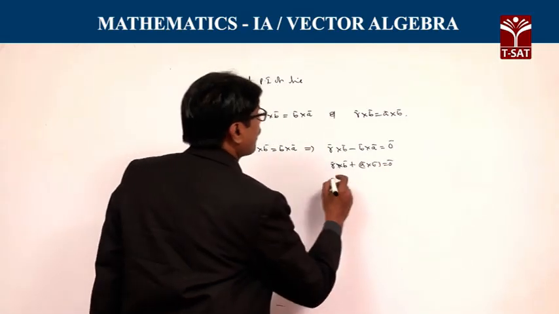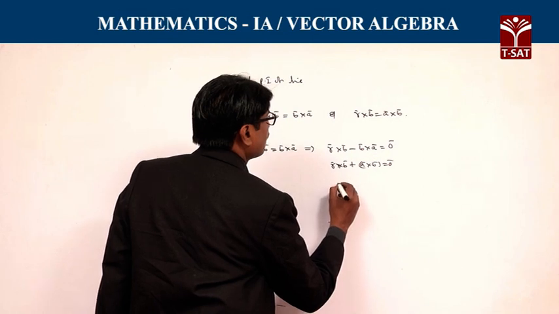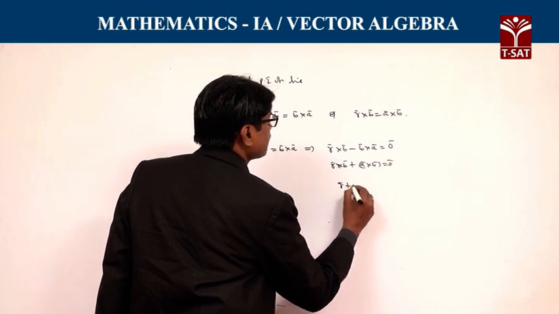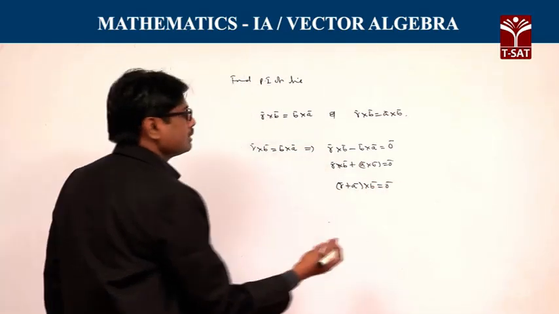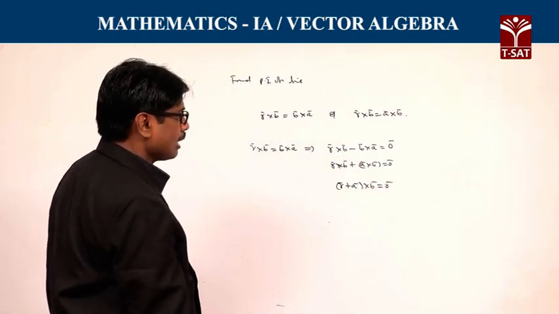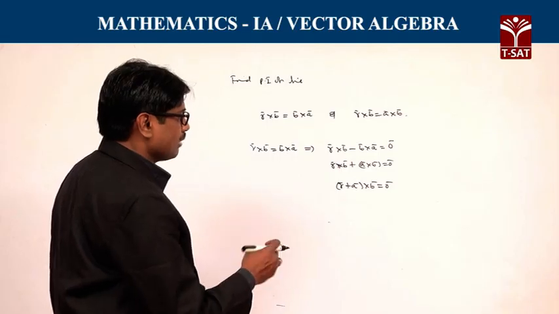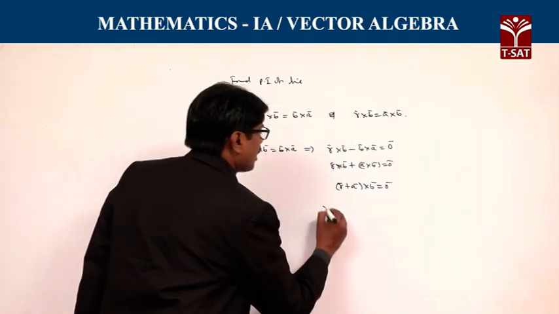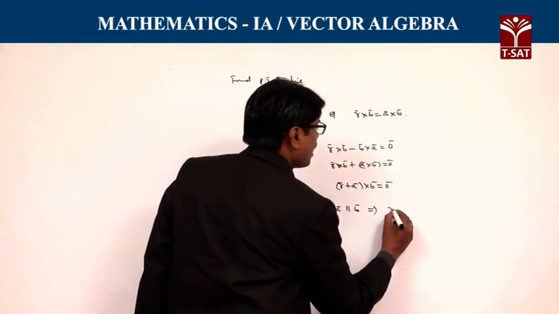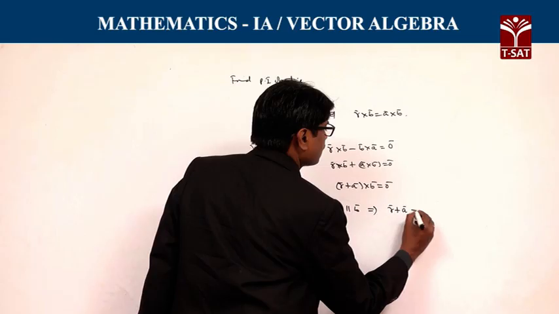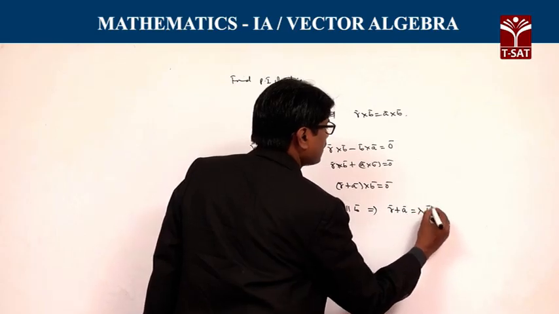Now take out, R bar plus A bar cross B bar is equal to 0 bar. What is the meaning of this one? Cross product is 0 means one vector is parallel to the other vector. R bar plus A bar is parallel to B bar. This implies R bar plus A bar is equal to lambda 1 times of B bar.